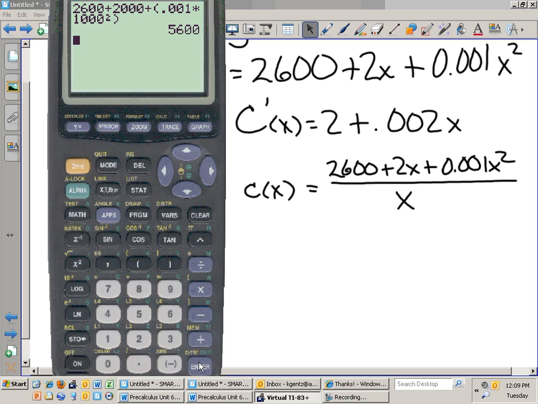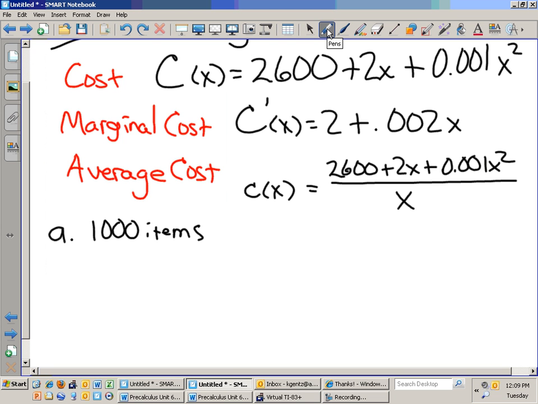So total cost is $5,600 to produce that number of items. So that's total cost.